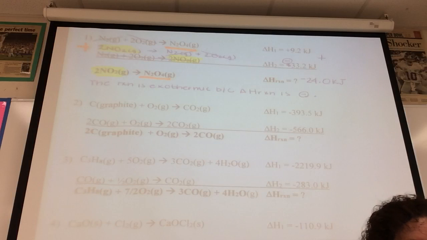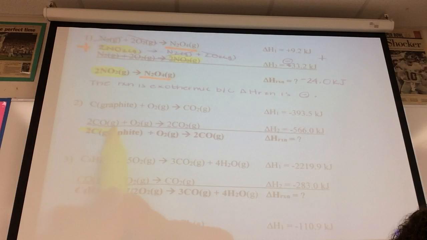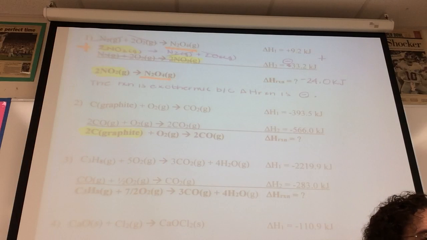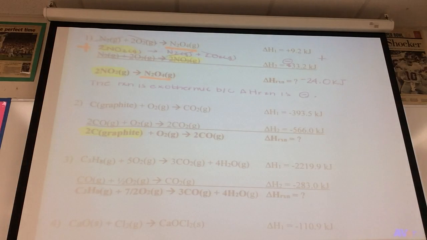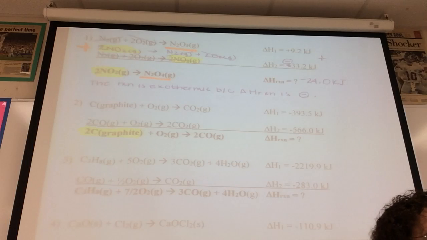All right. Number 2. I'm looking at the first reactant. Where is it? Where is it? Where is it?